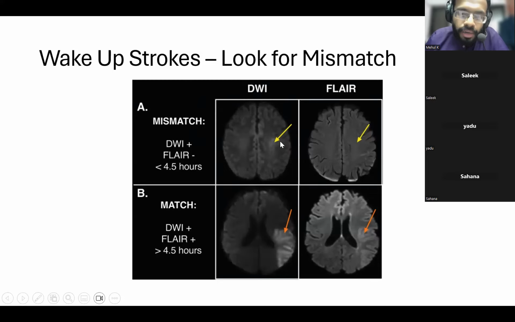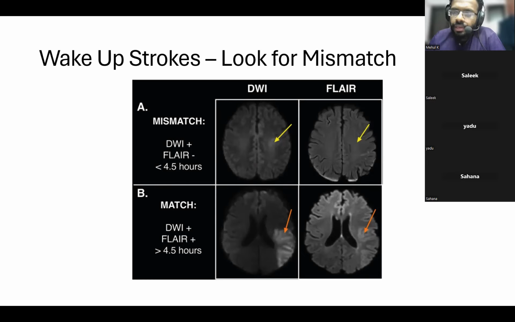But if you look at the FLAIR sequence, you are not actually seeing an infarct. So what does this mean? This is likely an acute infarct within 4.5 hours and may benefit from thrombolysis.